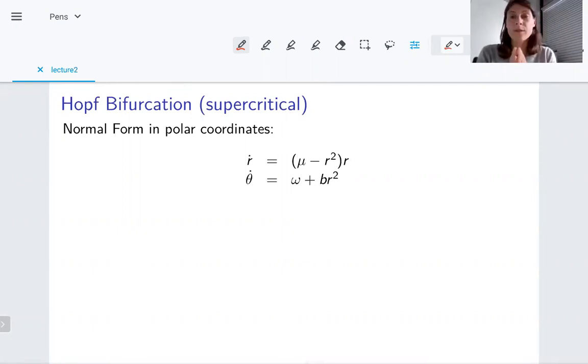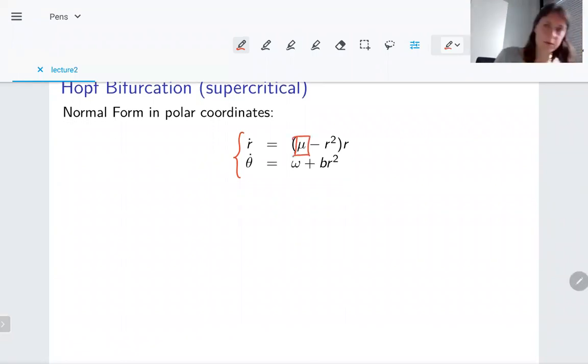And there are 2 types of Hopf bifurcations: the supercritical and the subcritical. The supercritical has this normal form in polar coordinates given by this expression here, where the parameter for which the system undergoes a bifurcation is the parameter mu.